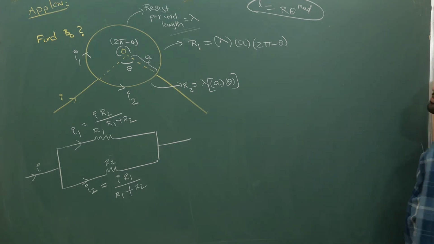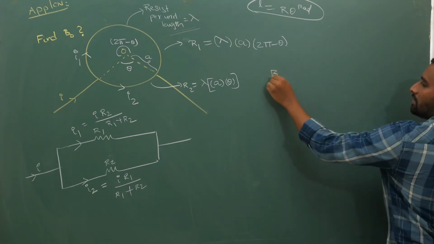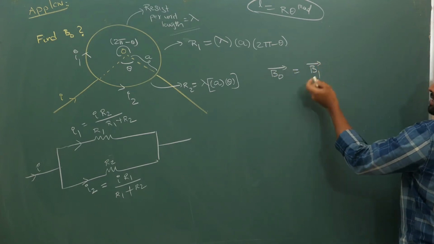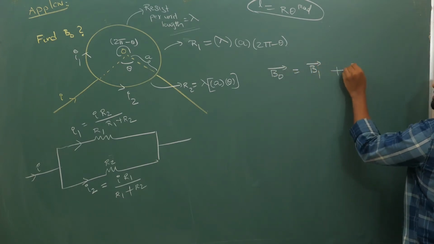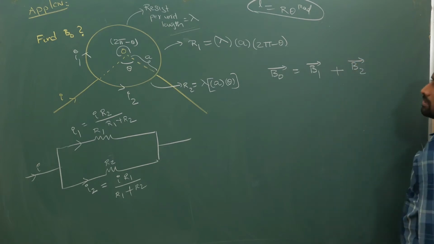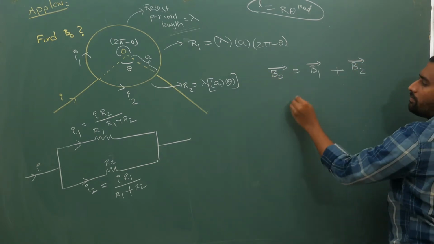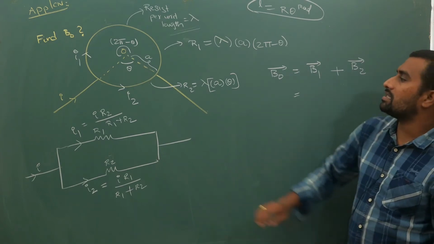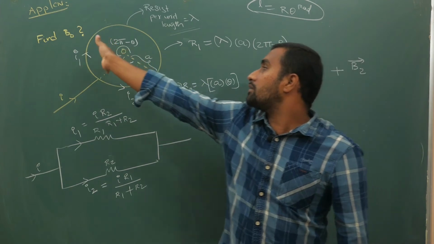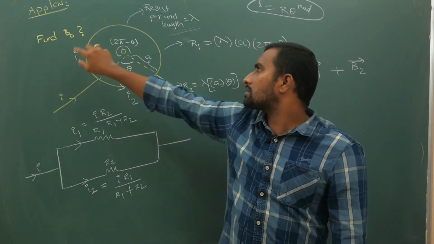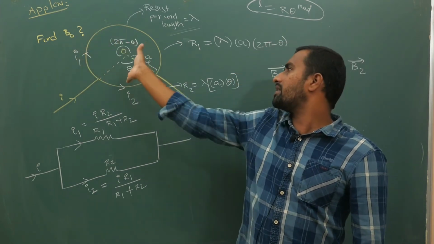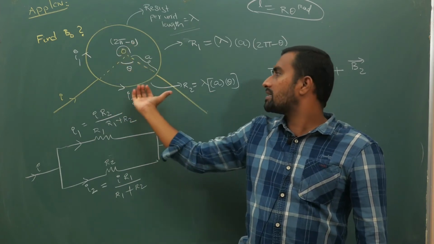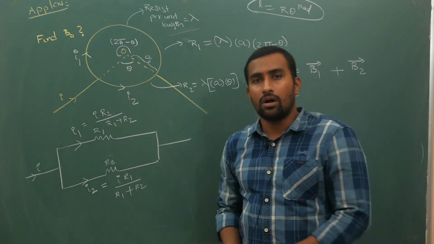Now to calculate the magnetic field, B at O is B1 bar because of the top wire plus B2 bar because of the bottom wire. Because of the top wire, I1 is going in the clockwise direction, so the magnetic field is into the plane, and the bottom wire current is going in the anti-clockwise direction, so at this point it will be out of the plane.